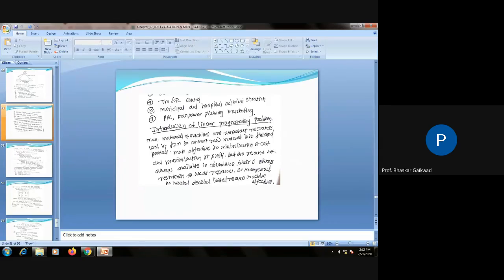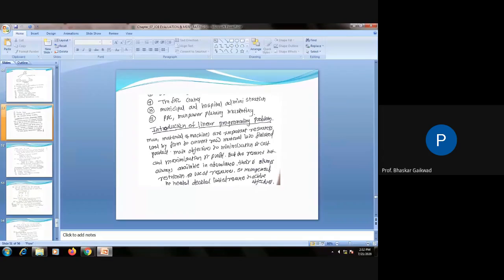In order to achieve this, management requires certain logic, and that logic is nothing but our linear programming problems. Now, what is actually the importance or objective of linear programming problems?